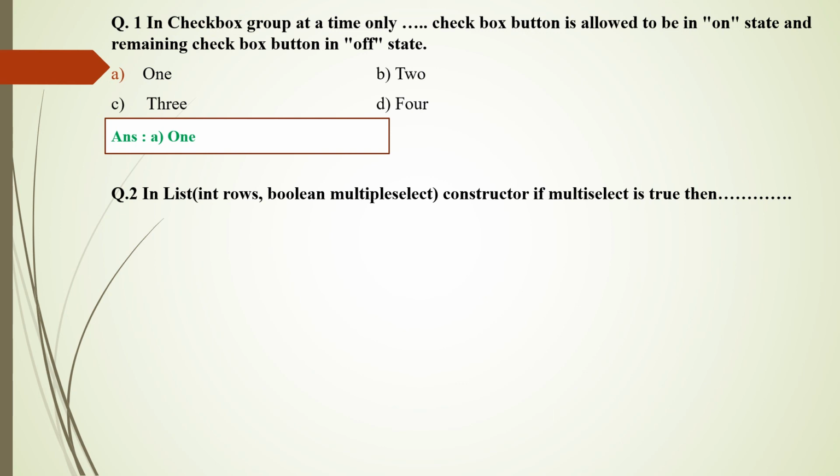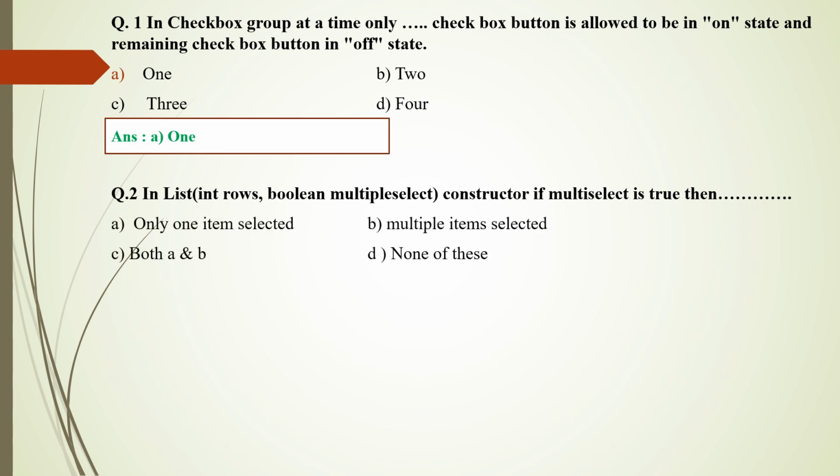Next question: in the List(int rows, boolean multipleSelect) constructor, if multipleSelect is true, then what? The options are: only one item selected, second multiple items selected, third both A and B, and option D none of these.